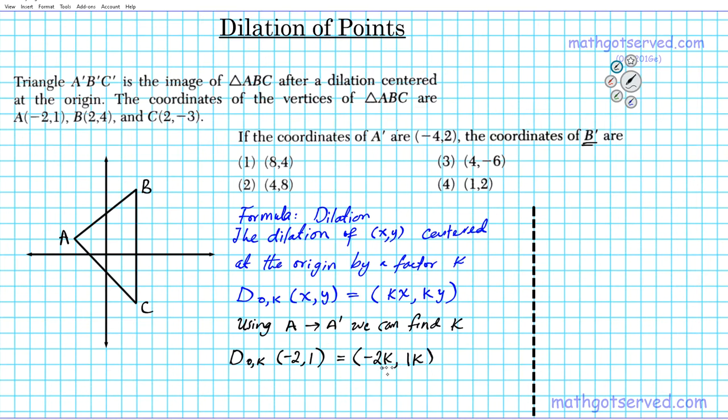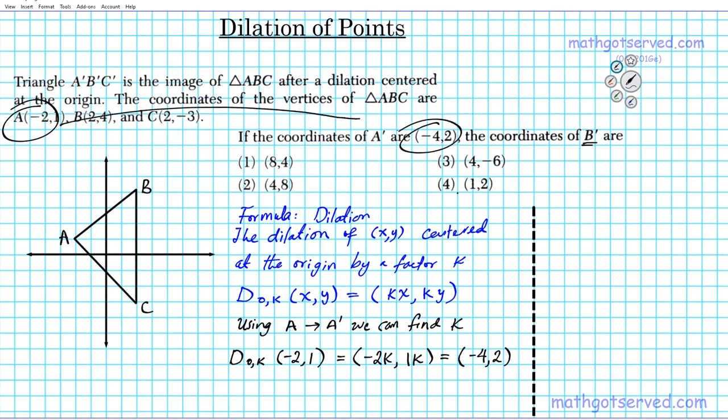Now this is the dilation of A. If you dilate A, you get A prime, right? So this point right here, (-2k, 1k), is the same thing as A prime, which is (-4, 2). Bam. You see that? So when we dilate this point, A, using the scale factor k, we get this, right?